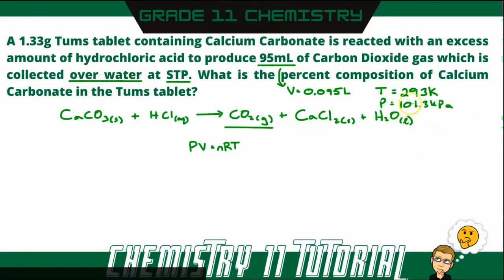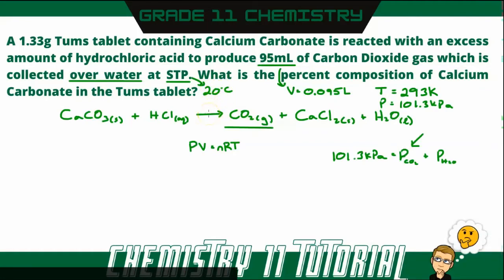So the total pressure, which is 101.3 kilopascals, is going to be comprised of the pressure due to CO2 plus the pressure due to some water vapor. And this is the pressure I want to know. We need to figure out what pressure of water vapor would occur at 20 degrees Celsius.